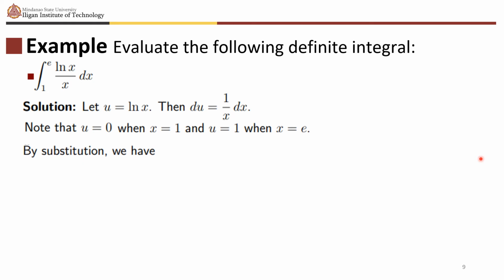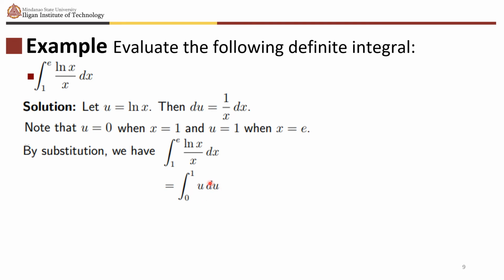So by substitution, the integral of ln of x over x dx from 1 to e is equal to, this time you replace ln of x by u, and dx over x by du. So we have the integral of u du from 0 to 1.